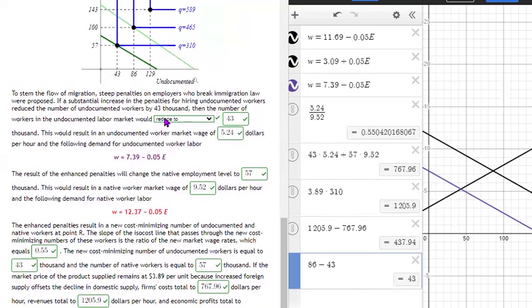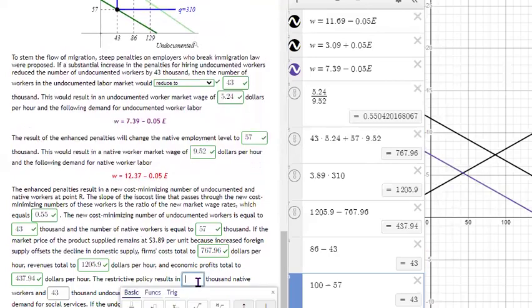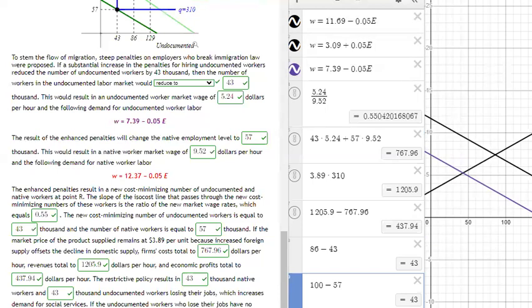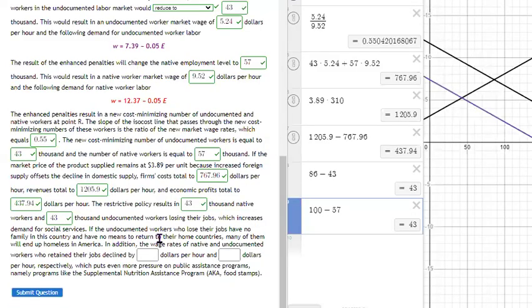And then we had 100 native workers minus 57 lose their jobs, which is 43. So both of these are 43,000. Both labor markets shut down in part because of this policy. If the undocumented workers who lose their jobs have no family in this country and have no means to return to their homes, many of them will end up homeless in America.